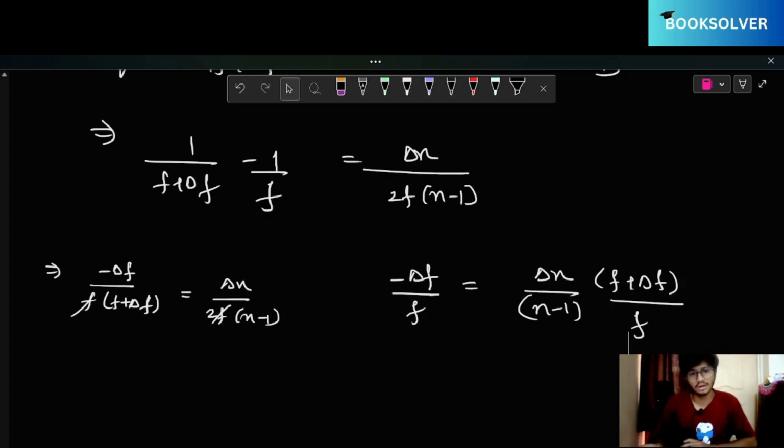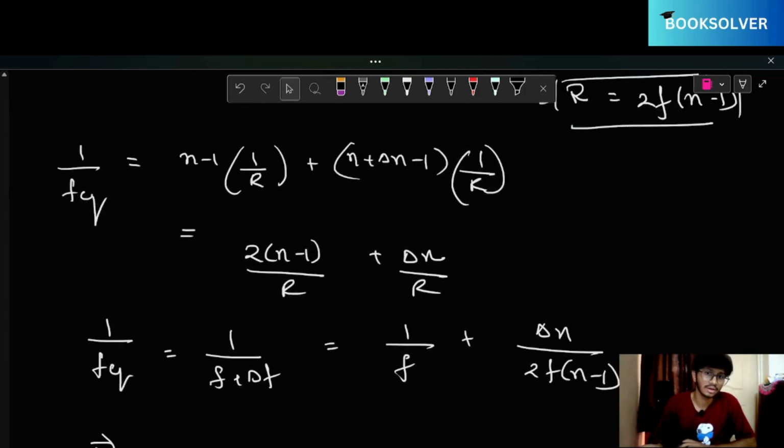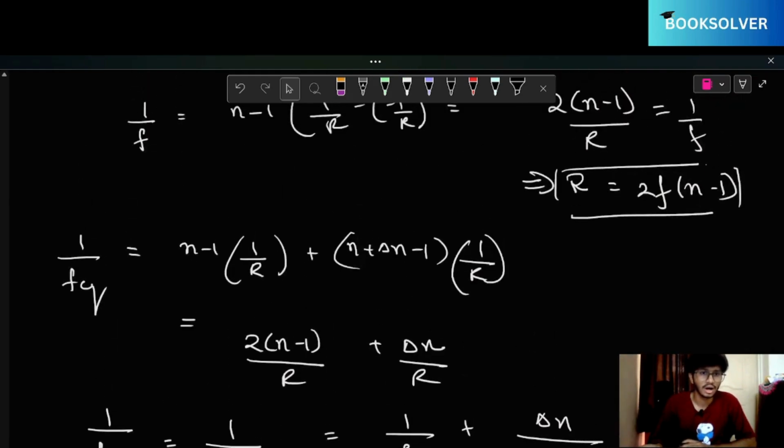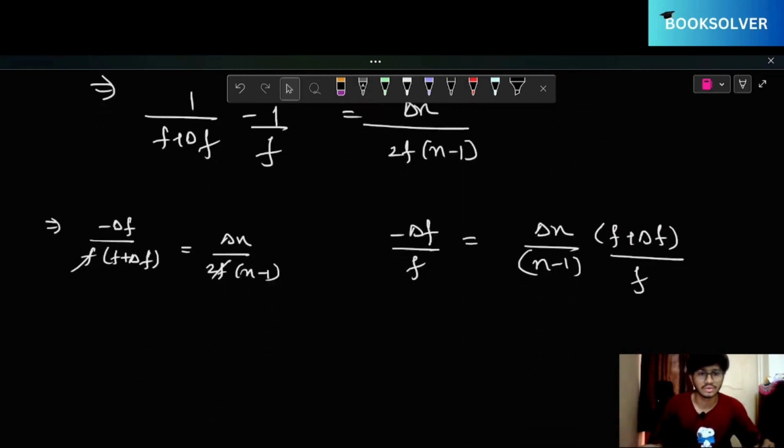Now F is equal to R by 2 into N minus 1. So what is delta F? First let's calculate that.